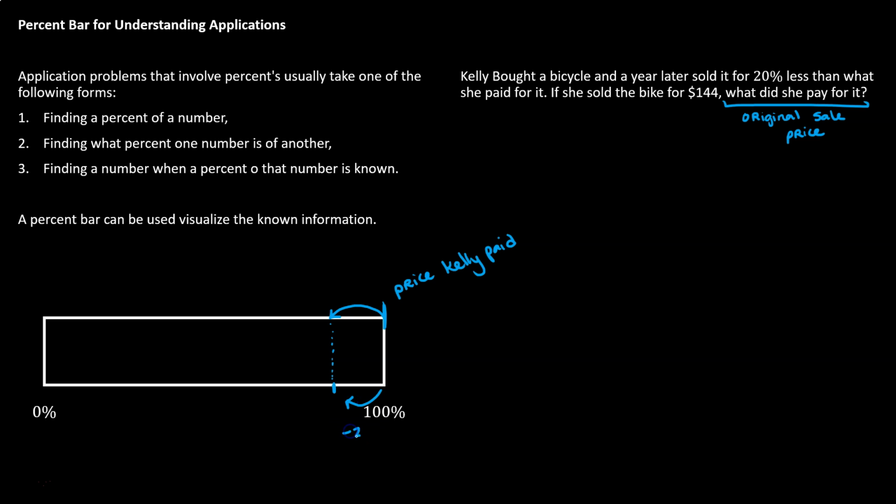Minus 20%. So I'm representing the minus by drawing an arrow that points backwards from the 100% part. And that comes out to the price of $144.